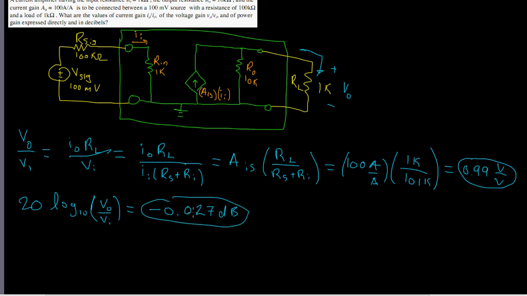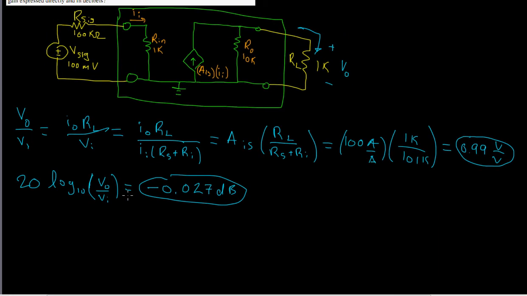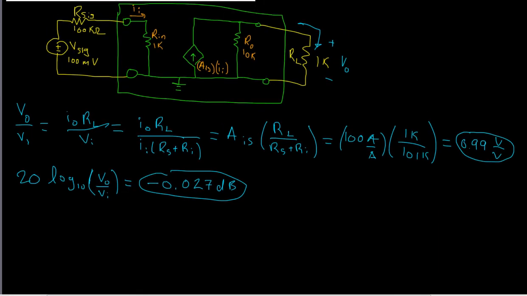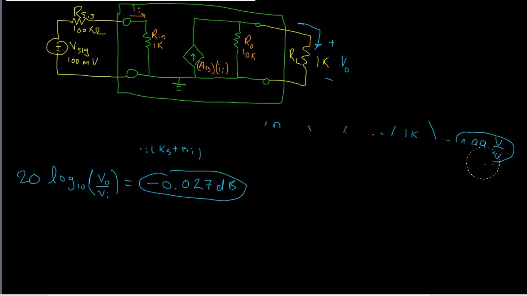And so that's your decibel gain for voltage. And now what we want to do is find the power gain. So let's just erase this again. You can write all this down, and then we'll go ahead and find the power gain.